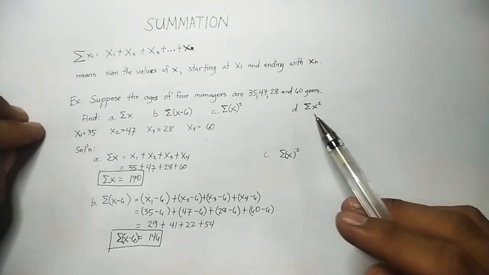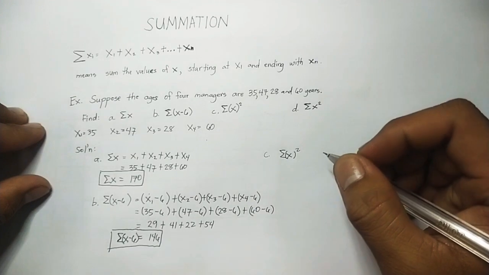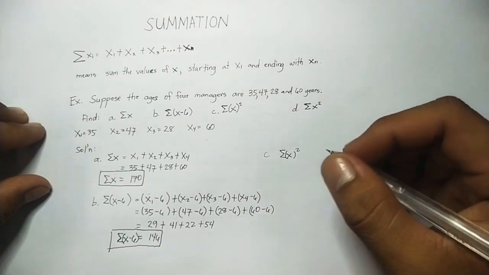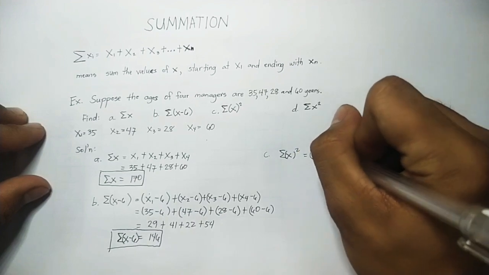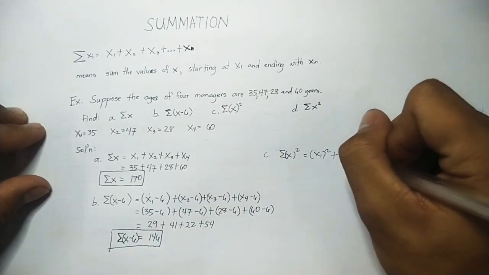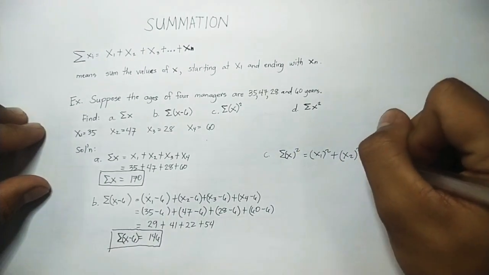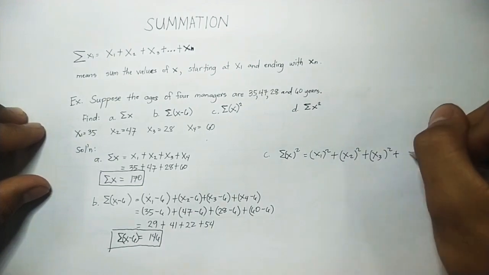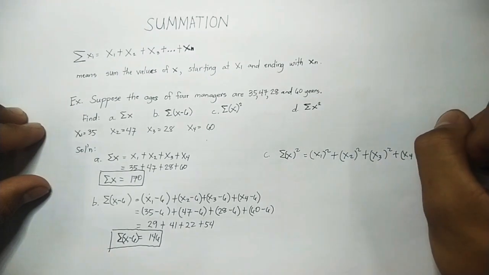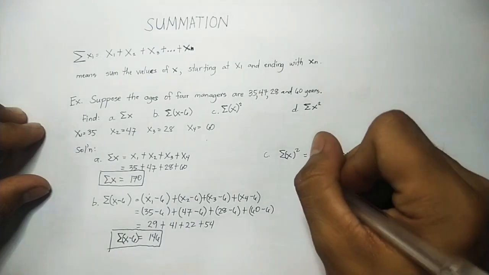Okay. So, we have 35 squared or x sub 1 squared plus x sub 2 squared plus x sub 3 squared plus x sub 4 squared. Okay? So, substitute the value.